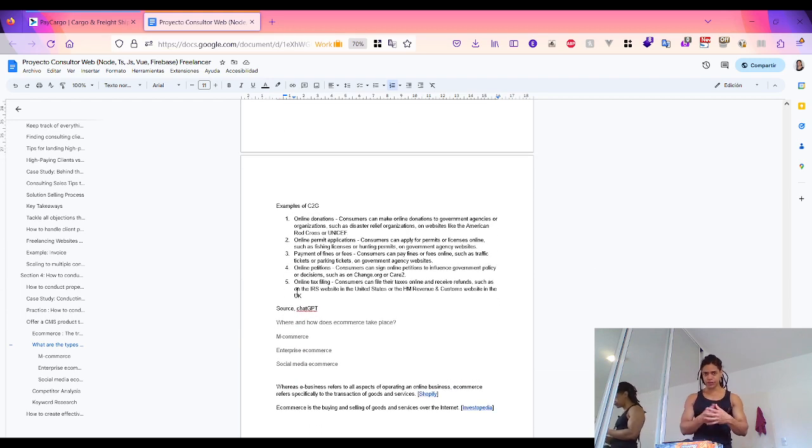And then here, the last example of this trade of goods and services among consumers and governments is online donations, where consumers or citizens can make online donations to government agencies or corporations, such as disaster relief, or in websites like the American Red Cross or UNICEF, which stands for United Nations International Children's Emergency Fund.